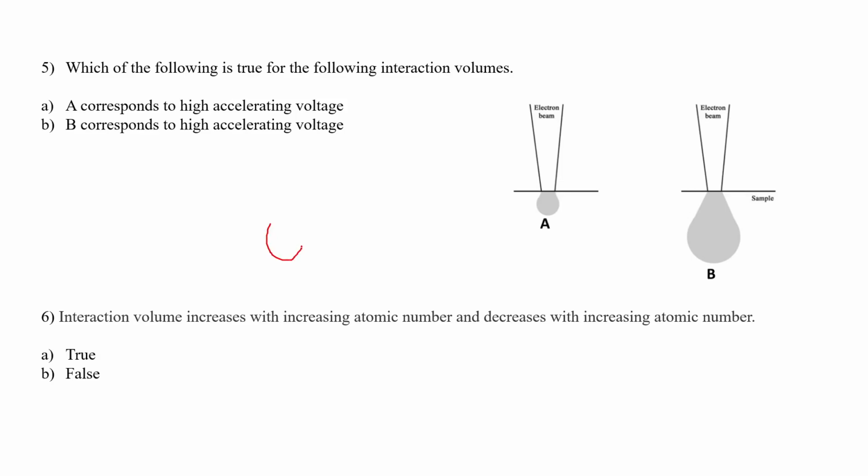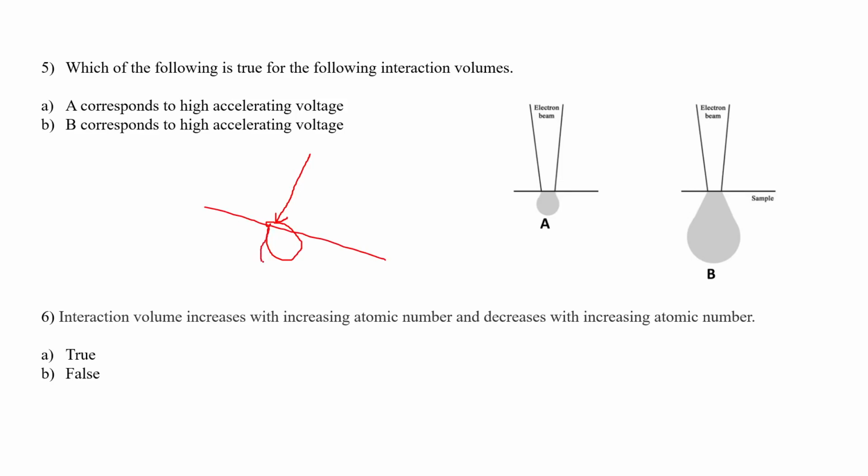If this is your atom which has a higher atomic number, it means a higher number of electrons in the outer shell, right? So higher atomic number means higher electrons, so higher will be the repulsion of this atom to the incoming electron beam. So it will repel the electron beam more the higher the atomic number.